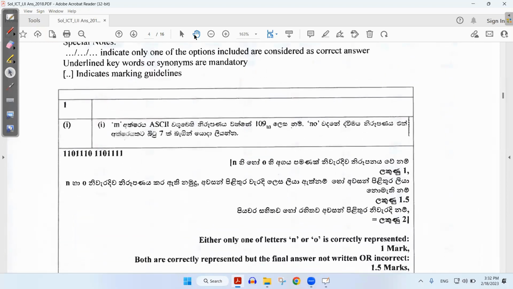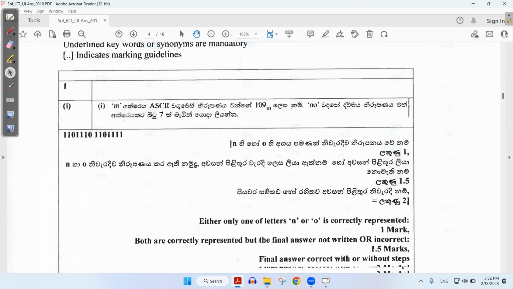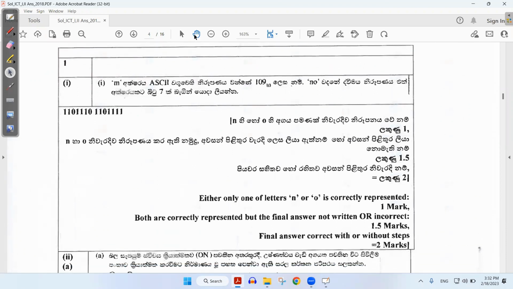Yeah, so this is the answer for the first part, the ASCII answer. That is 2 marks for that.